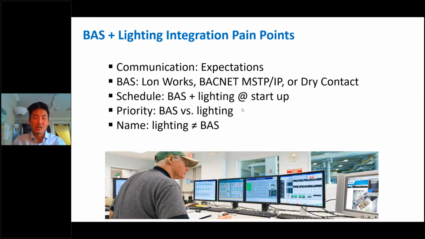And so some of those need to be worked out, and if there isn't that coordination and agreement on what takes priority, and thought about how the occupants are going to be using the space, then it really does become a pain point.